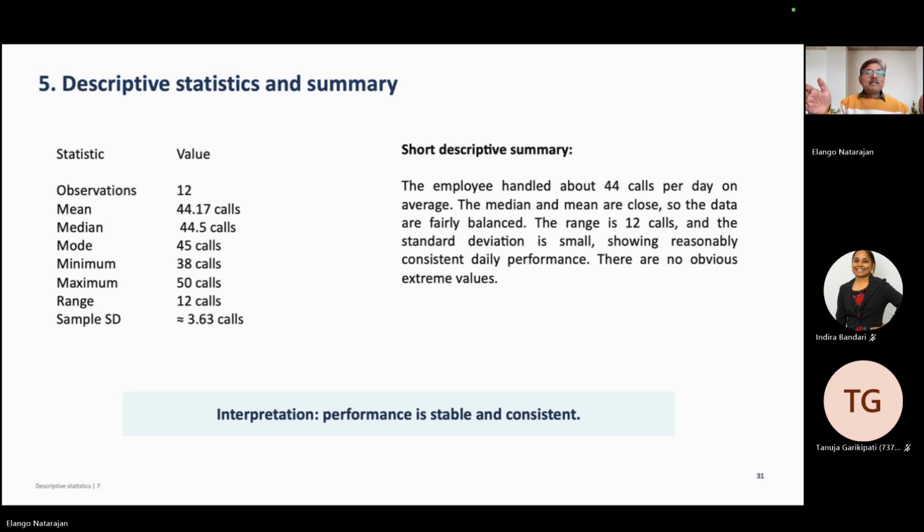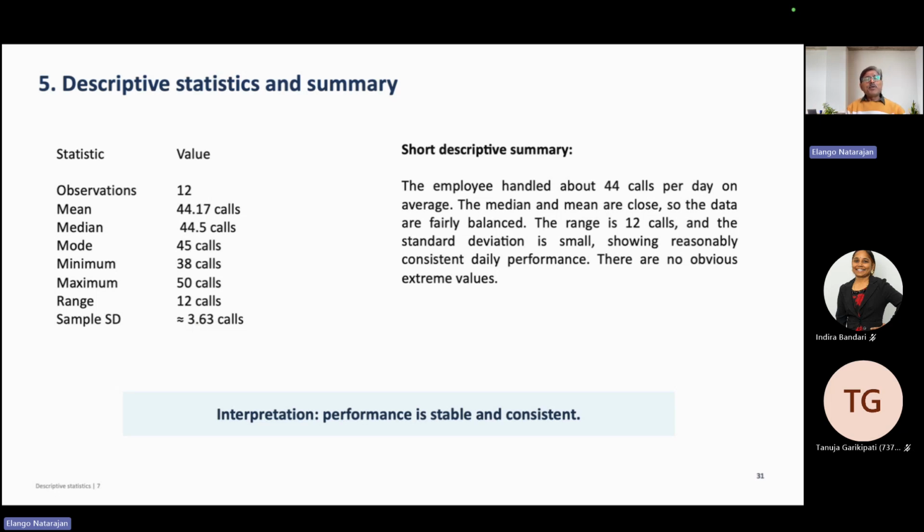That means he is attending almost equal number of calls across 12 days. So that is a good thing, fairly balanced. The range is 12 calls, and the standard deviation is very small. If you look here, 3.63 standard deviation, it is very reliable data for the particular employee.